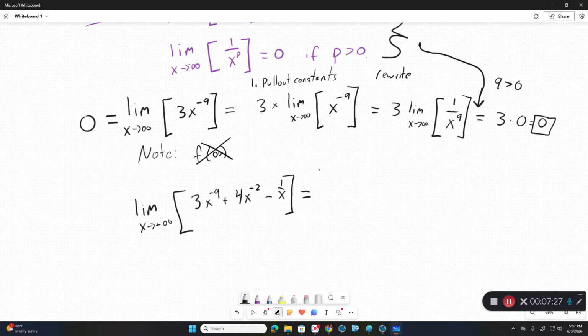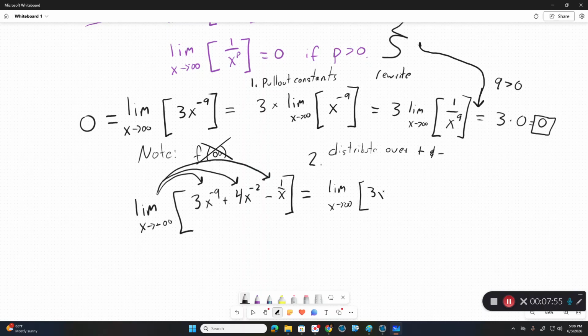We're going to use a different rule here, and specifically we can distribute the limit over plus and minus. We can actually split this into 3 different limits, and they all have the same behavior in that they're all going to negative infinity.